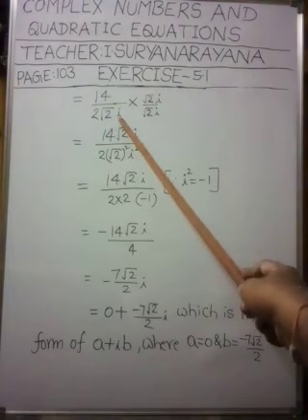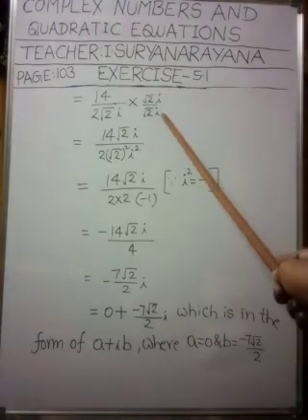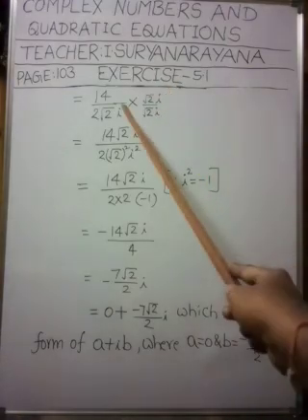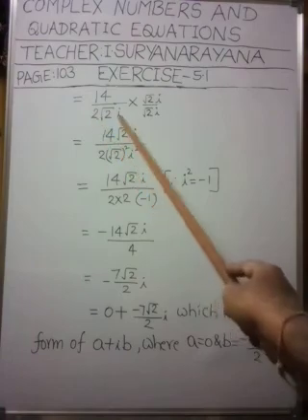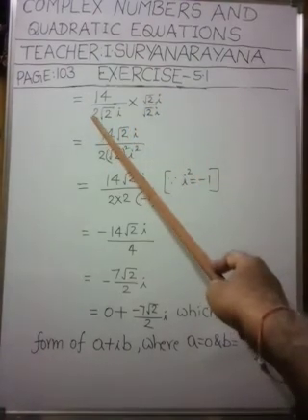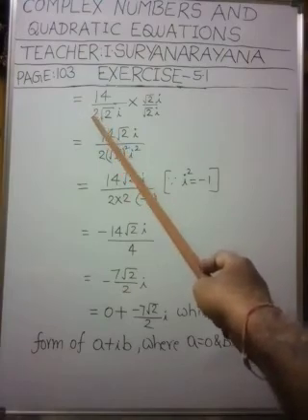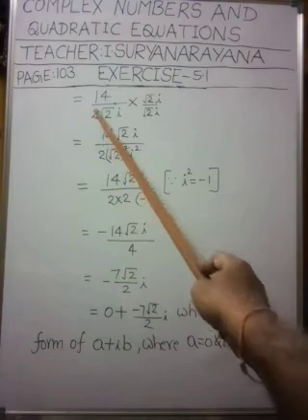To make this a rational real number, we multiply the numerator and denominator by i. So finally, the rationalizing factor of 2 root 2i is root 2i only. No need to take 2 again, because it is already a real number, a rational number.